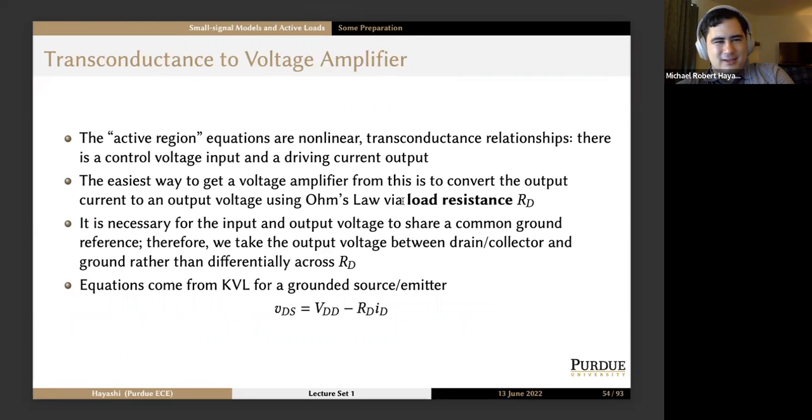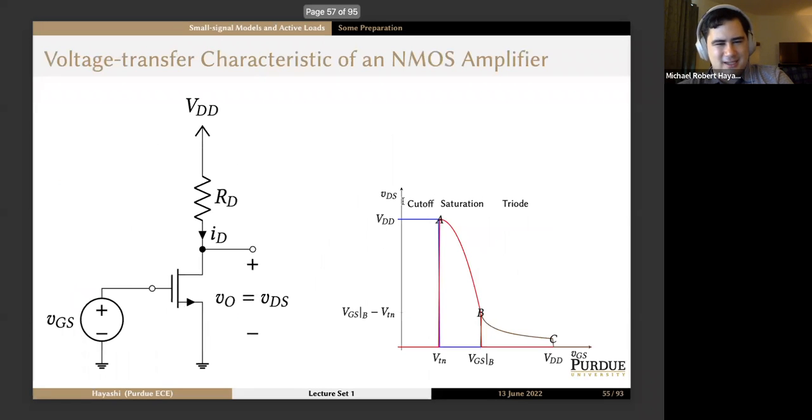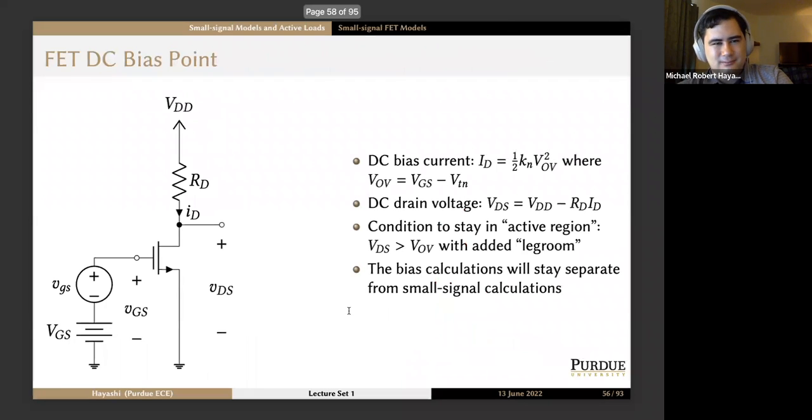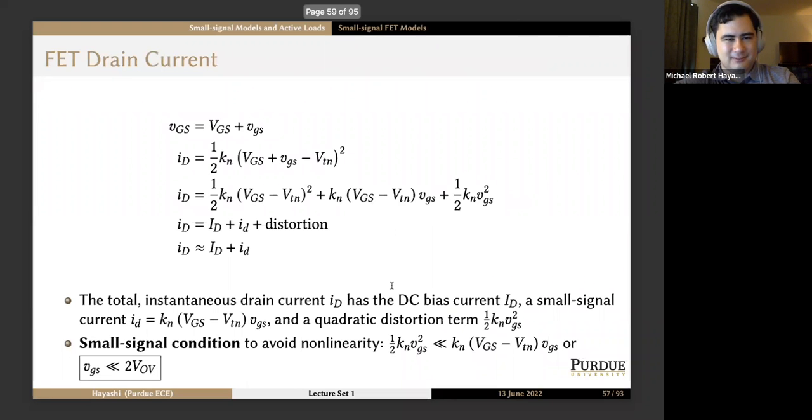So we introduced the idea of going from transconductance to voltage amplifiers by using a load resistance and then taking the output with a common terminal of the source. Then we talked about this voltage transfer characteristic and the different regions on it. Then we talked about biasing and how after we do our biasing calculations, nothing should be able to touch them, because we're going to keep the same DC bias point, the same capital VGS, and then get the same resulting capital VDS out.